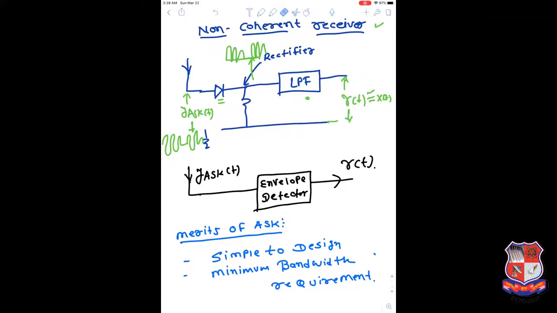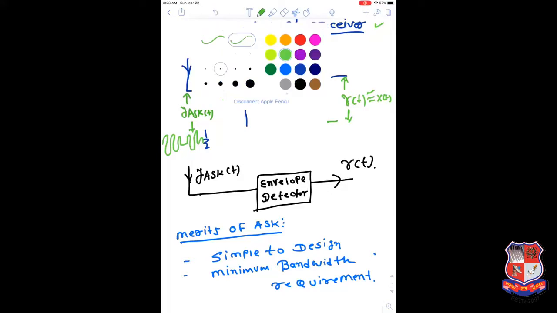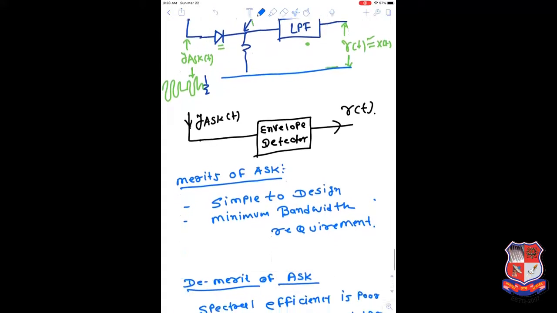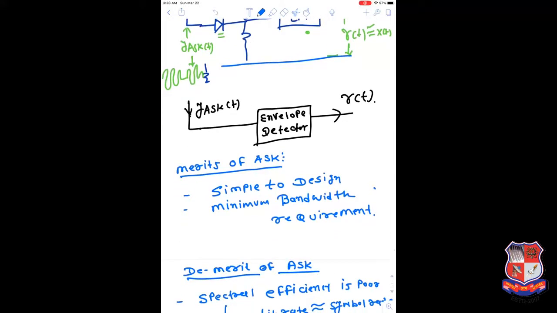Whatever the input, we just pass through the clamping circuit by the diode. Then the clamping circuit or diode simply removes the negative portion. Then the signal has both parts, desired and undesired, passes through the low pass filter, and we get the desired outcome here.